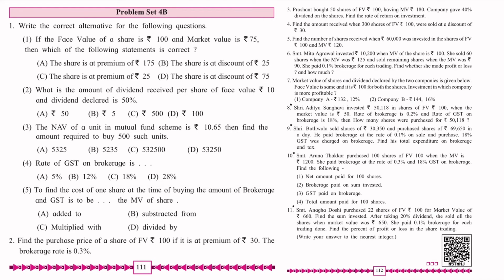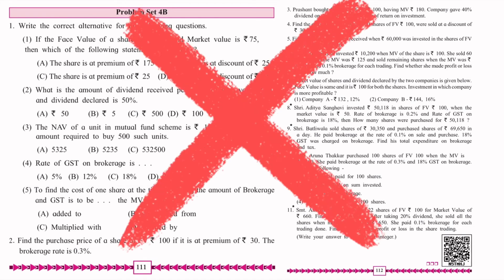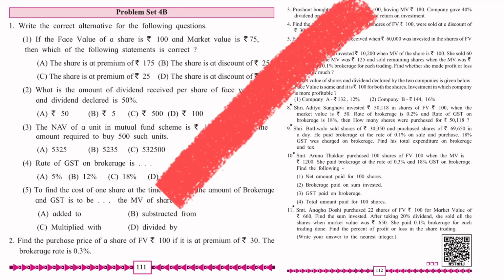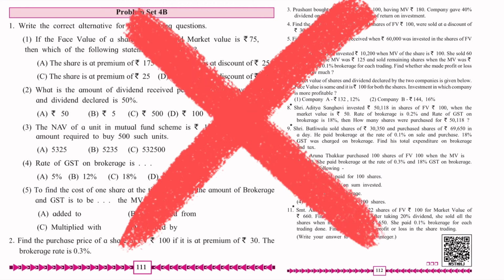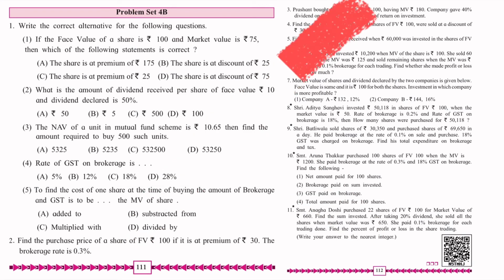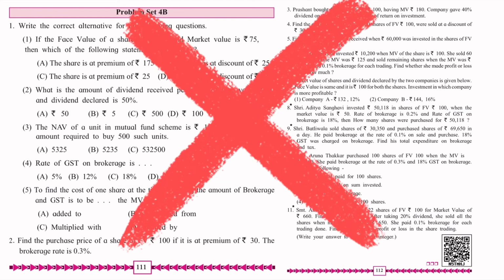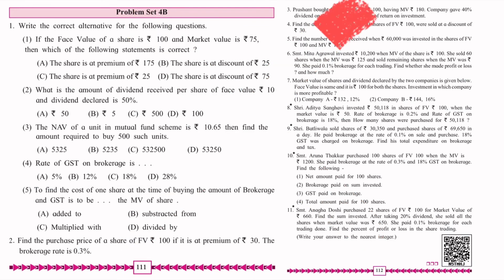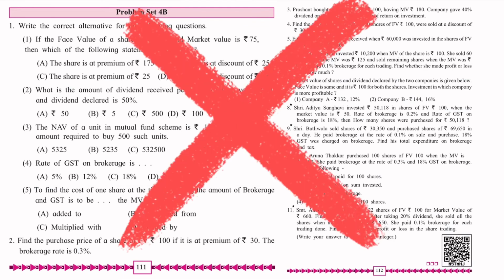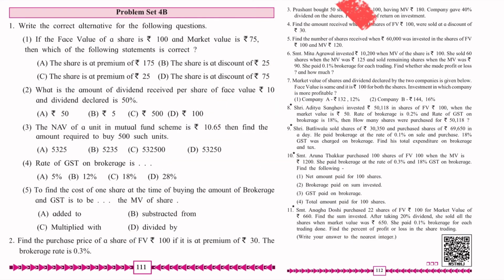Next, directly on page number 111, that is your problem set 4b. Remember this, 4b. So problem set 4b is completely reduced from page number 111, and on 112 also 4b is continued. So on 111 and 112, problem set 4b is reduced.